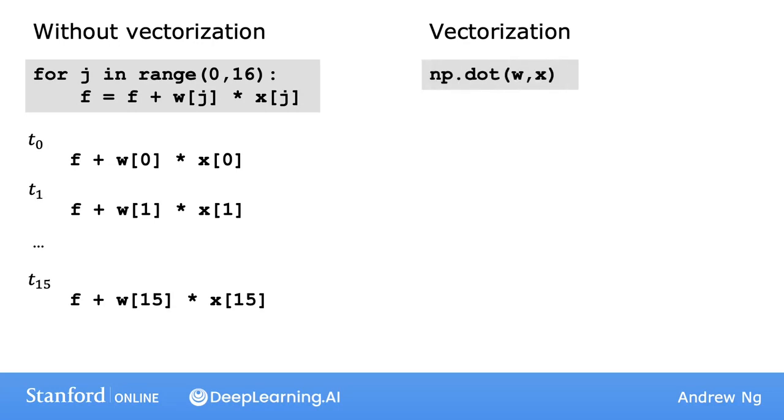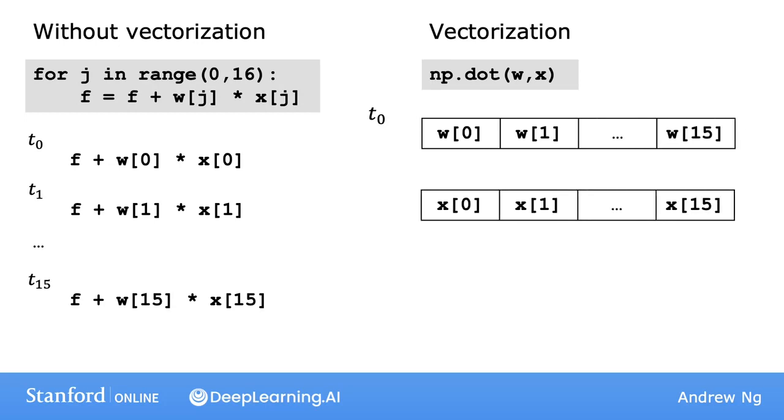In contrast, this function in NumPy is implemented in the computer hardware with vectorization. So the computer can get all values of the vectors w and x, and in a single step, it multiplies each pair of w and x with each other all at the same time in parallel.